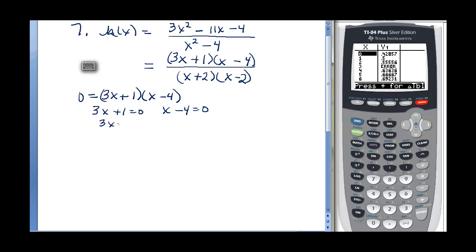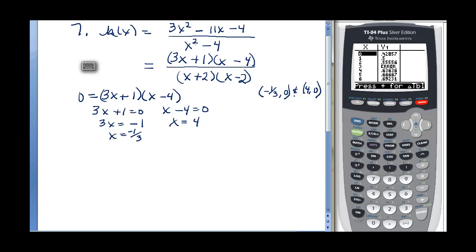Here 3x equals -1, so x is -1/3, and here x is 4. My x-intercepts are (-1/3, 0) and (4, 0).